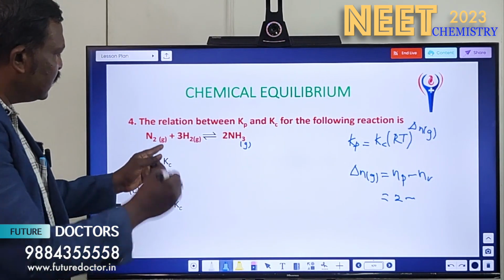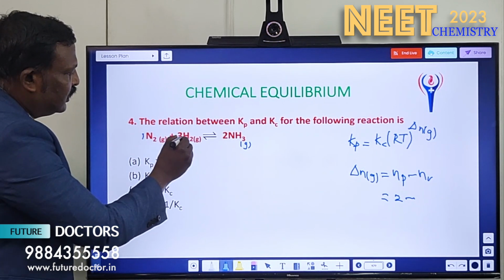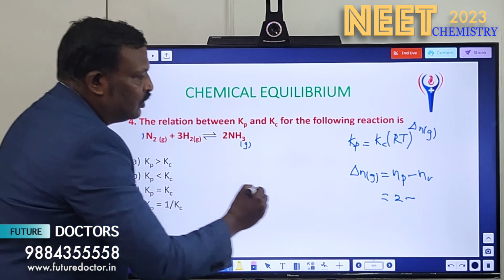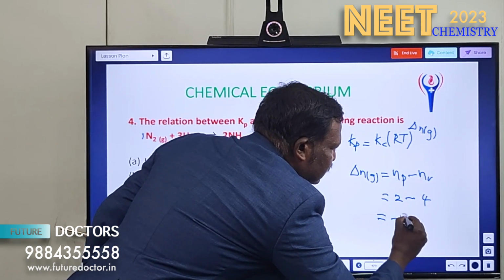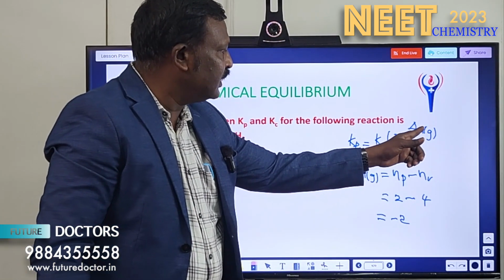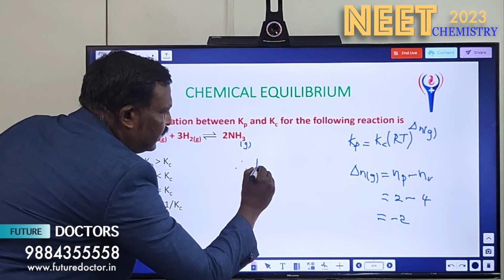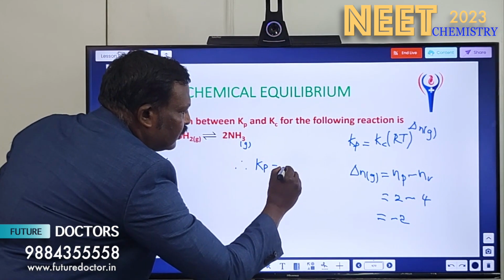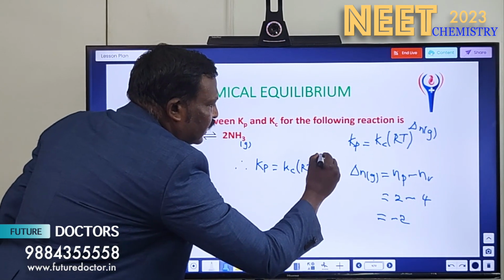How many moles in reactant side? This is 1 mole, this is 3 moles. 1 plus 3, 4 moles. Understood? So 2 minus 4, minus 2. You're following? Okay. So you just substitute here. Therefore Kp is equal to Kc RT power minus 2.